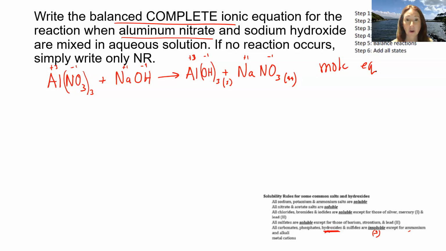Our complete ionic equation, what we're doing is we're dissociating. Again, dissociating means we're taking them apart in water. So they're going to come apart into their ions, and here's their ions. If we put aluminum nitrate in water, the ions separate.